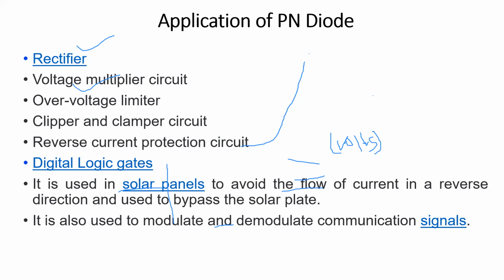In communication, when the signal is very weak, it cannot reach a certain frequency, so they will add some waves. That is modulation. Again, they will demodulate and remove the added carrier signal. In such ways, it is used in many applications of electronics.